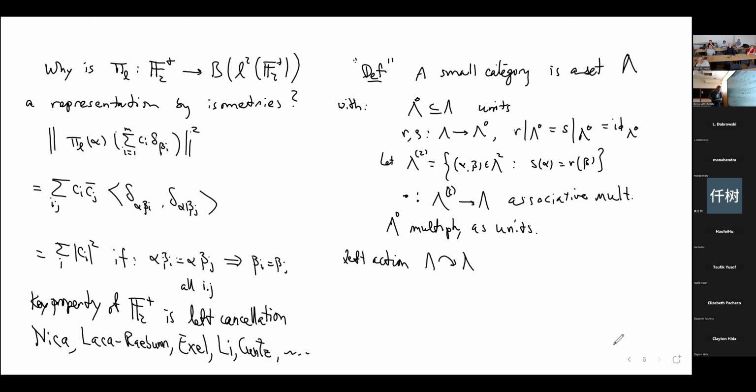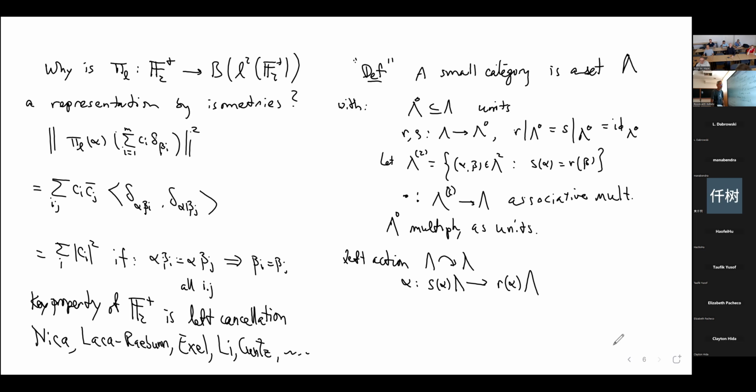Okay, so I won't write this out, it's the usual thing, just using the multiplication. But the key thing is that, well, maybe I should write it. So what do we have? We have alpha takes all elements of lambda whose range equals the source of alpha and sends them to things whose range is the same as the range of alpha.